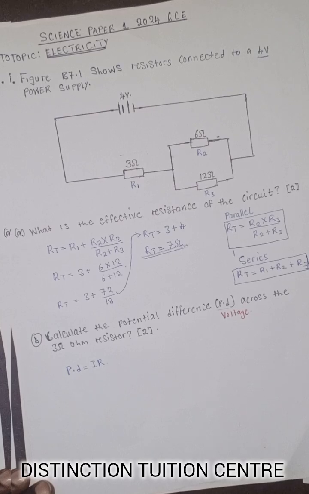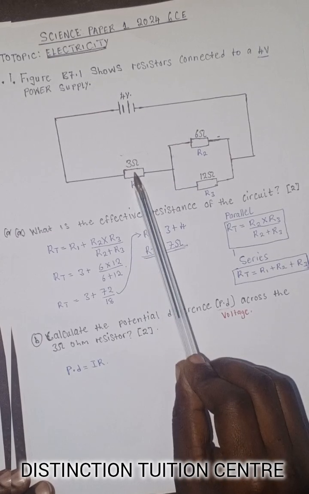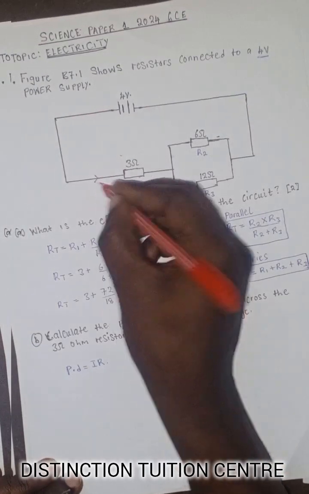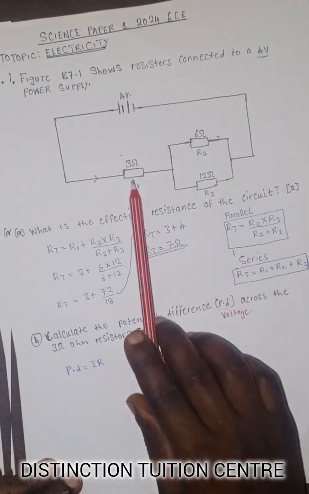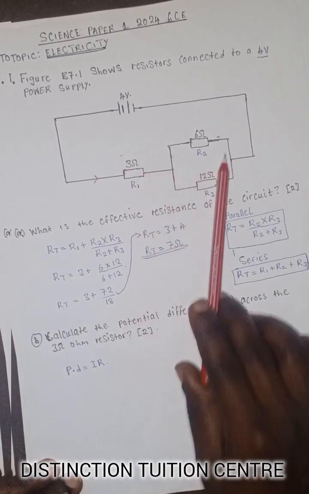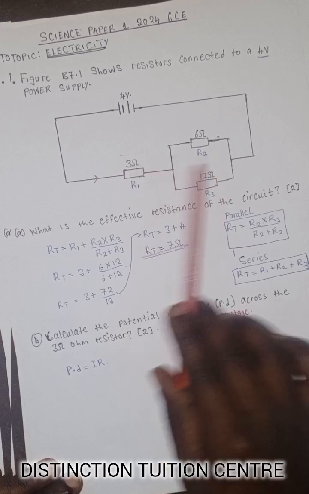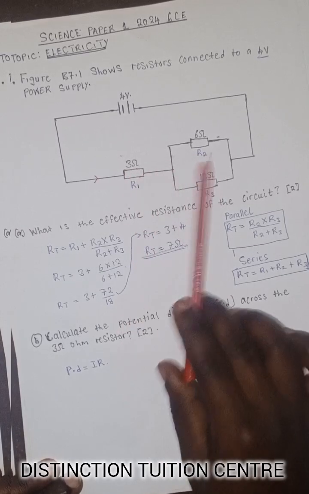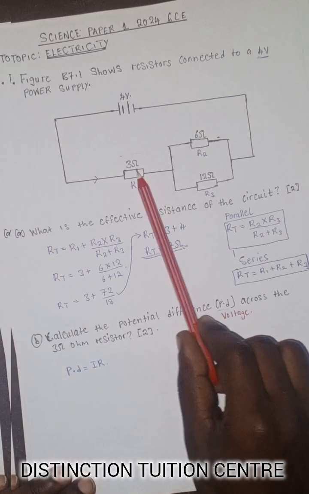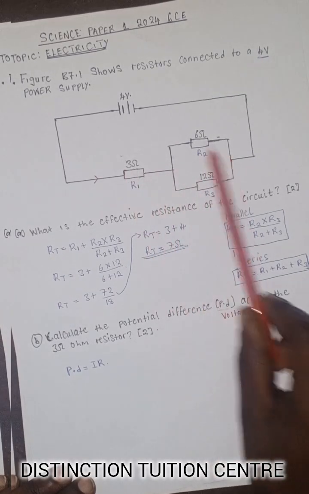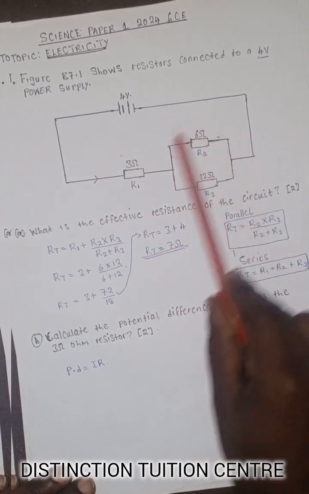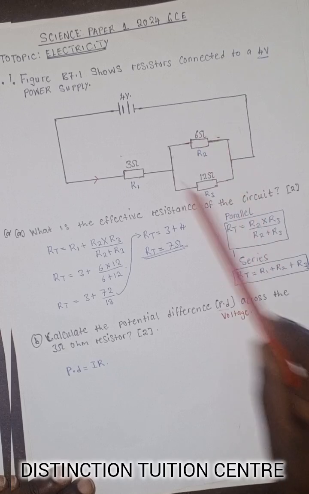Because if this and these are connected in series, the current is always equal at each given point in a series connection. So once we have the total current, that will be the current here, and also the current at this particular point.